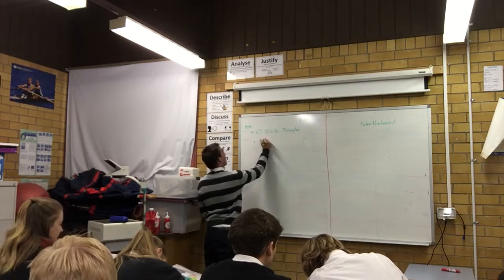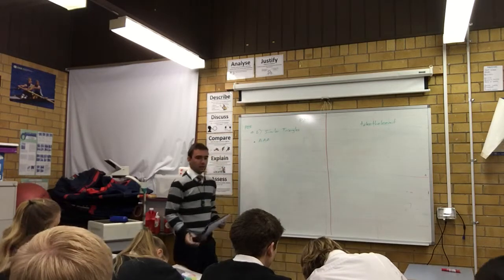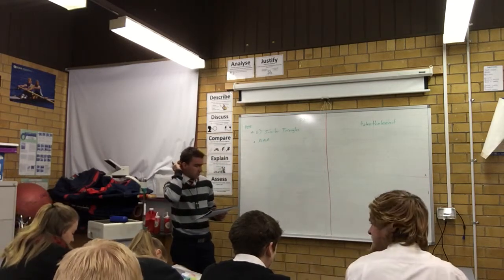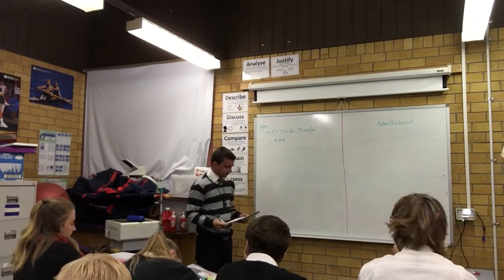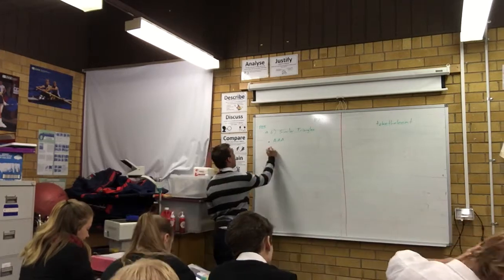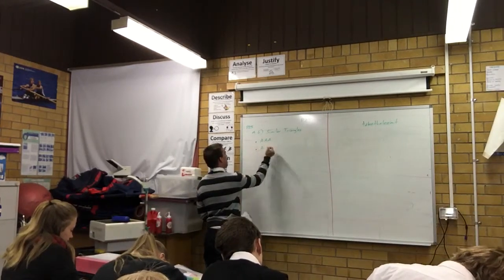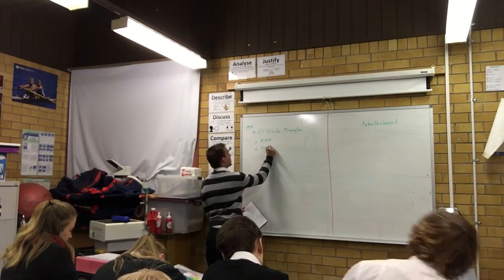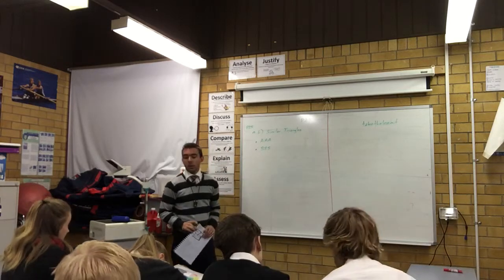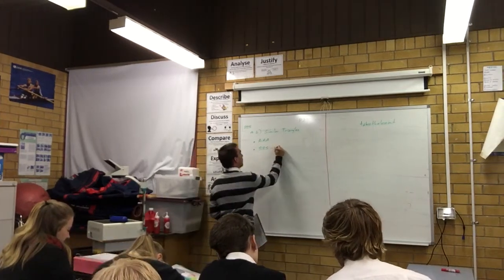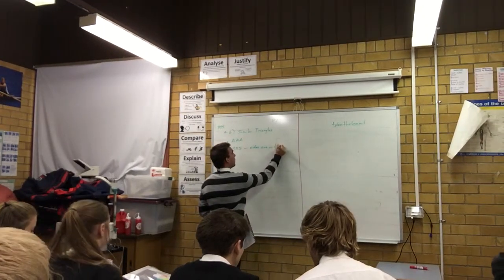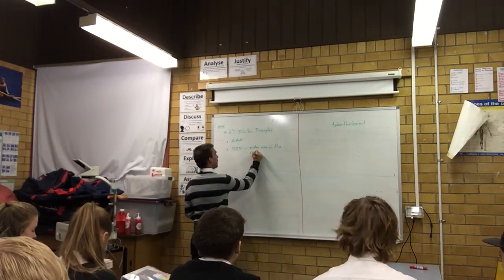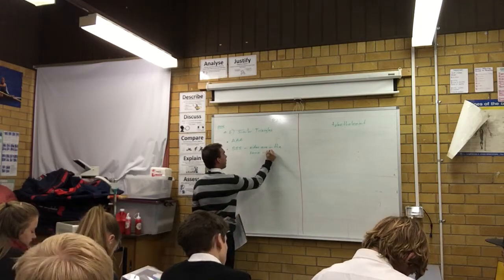Right, the first one is triple A. That means all the matching angles in both triangles are equal. Okay, they are the same. We have the triple S. Now this one is when sides are in the same ratio.